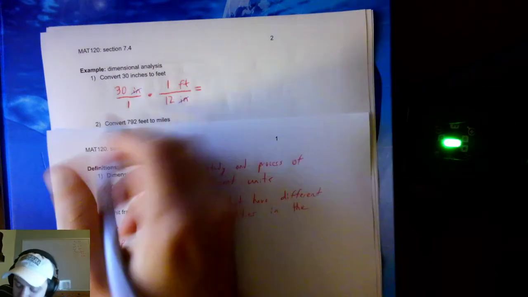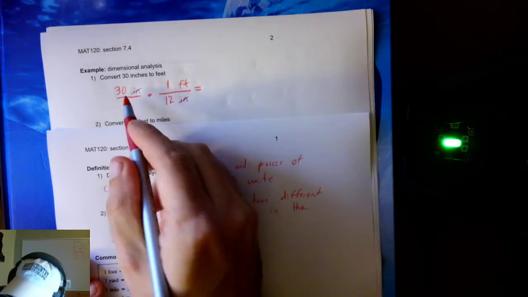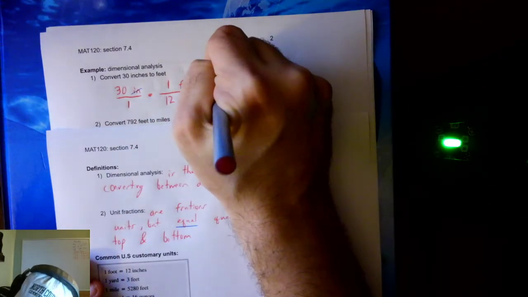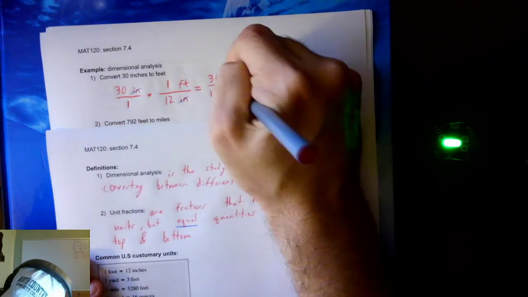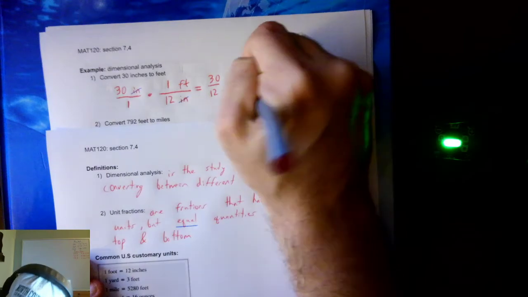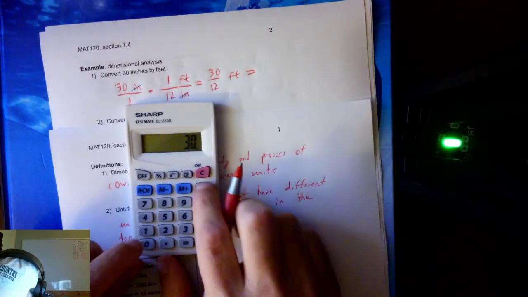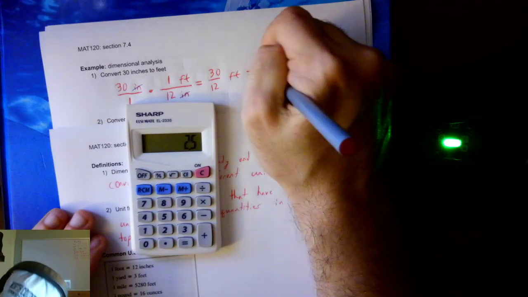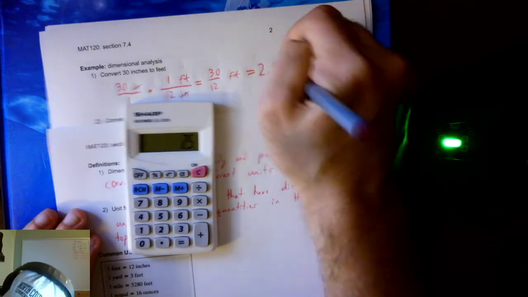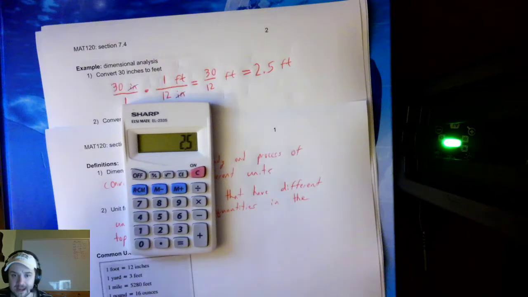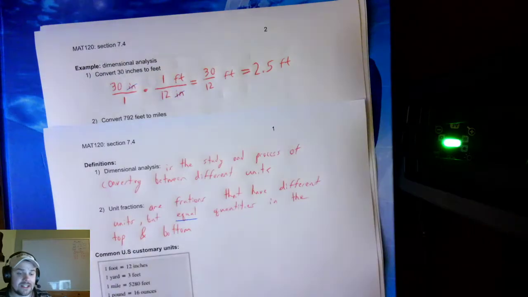Now, I just need to multiply these fractions and reduce. 30 times 1 gives me 30. 1 times 12 gives me 12, and the units left were feet. And then if I want to divide this out, 30 divided by 12 is 2.5. So I get 2.5 feet for my answer. Remember, when dealing with real-world measurements, we typically convert things into decimals to get a better understanding of the values.